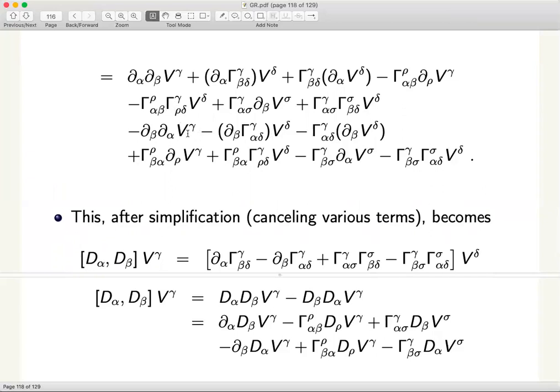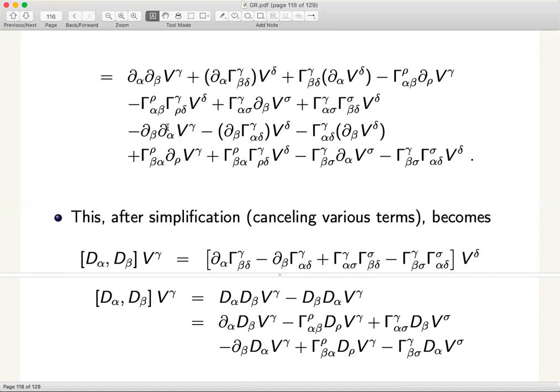So you can check that all the terms in which there are derivatives acting on V, the contravariant vector, all those terms should just cancel out. For example, del alpha, del beta would cancel out here, and similarly, if you look at del alpha acting on V delta, you will find that term cancels out here. I will use sigma instead of delta, but it's a dummy index anyway.